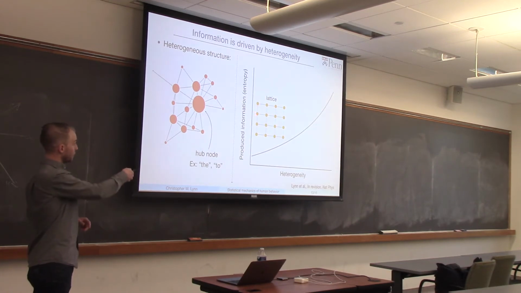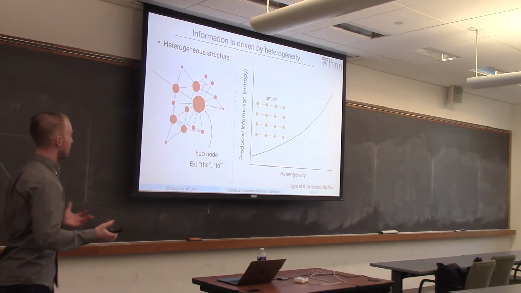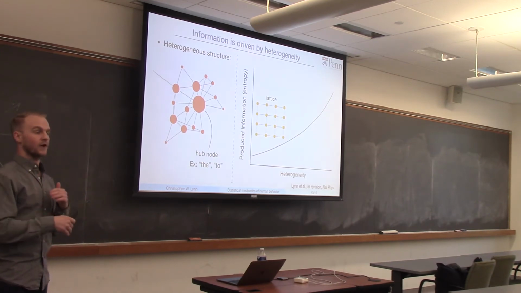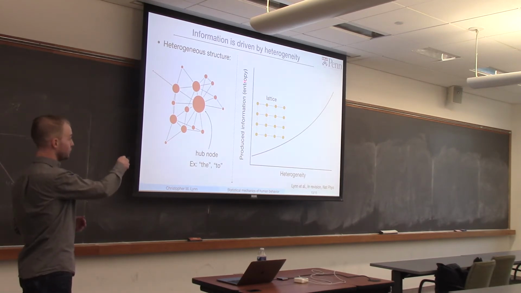In a lattice network, all the nodes have exactly the same degree. I should have drawn periodic boundary conditions, but imagine that this node connects to more in both directions. Every node in this graph would then have 4 connections, and so it has the lowest heterogeneity you could have. In fact, it's completely homogeneous. And we find that these networks produce the least information.